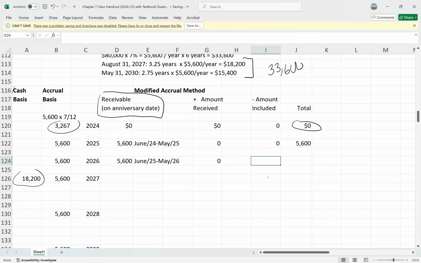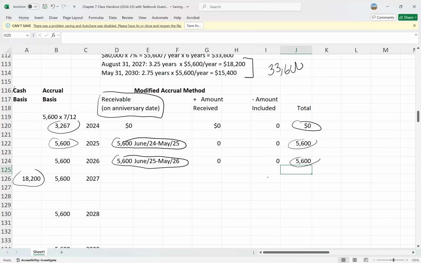Was this 5,600 previously included? No, because it's a different time frame from the amount we included in the previous year. It was a different anniversary year, and so nothing to deduct. So 5,600. So what you guys want to see is that once we got past the first year, the amounts are similar to what would have been included under accrual accounting.